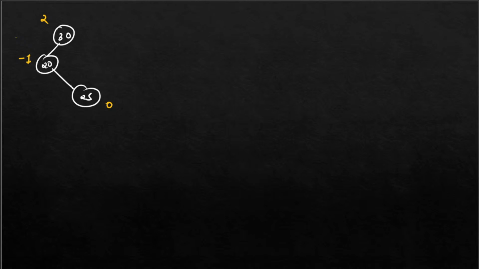Now here again the difference is 2, so we have to do a rotation. Here, this is L and this is R, so this is LR. So an LR rotation or RL rotation we have to do, and this is a double rotation.